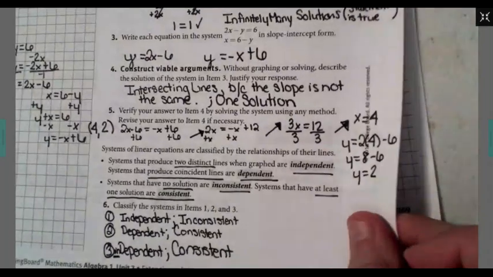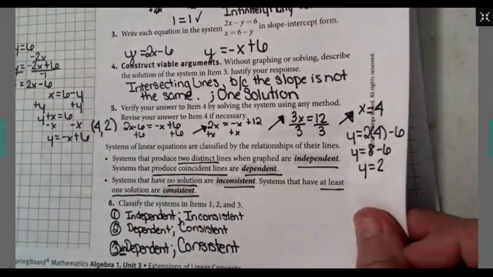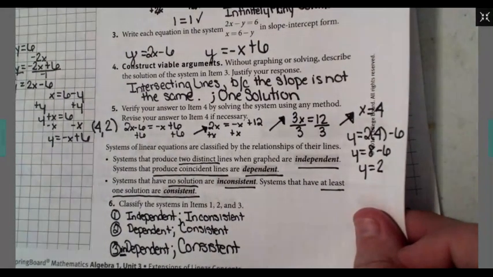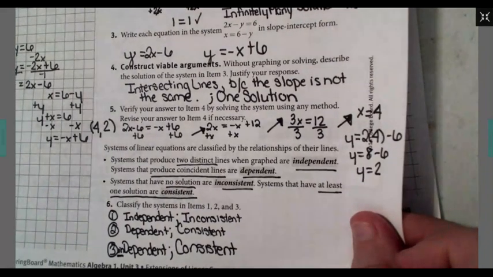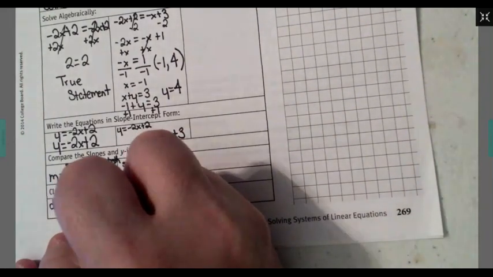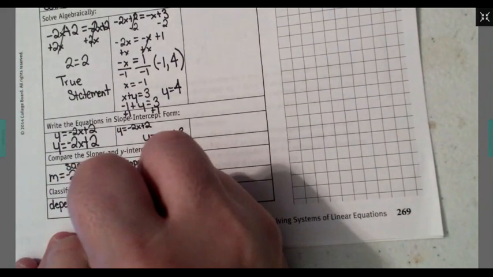I got 2 distinct lines, so these are independent, and I have at least one solution, so it's going to be consistent. So we have independent and consistent.